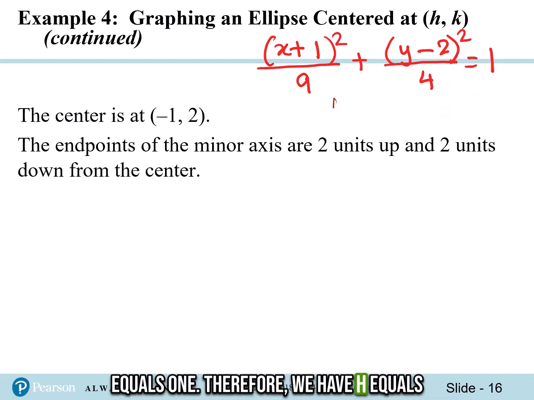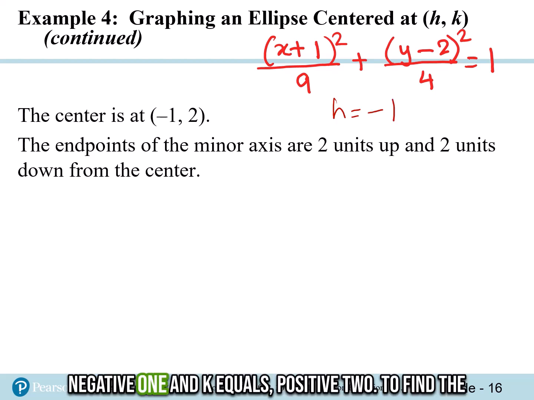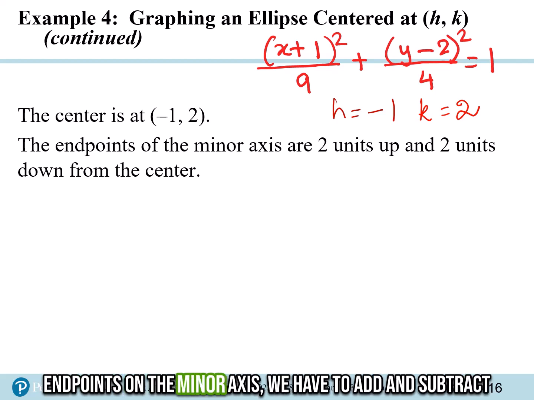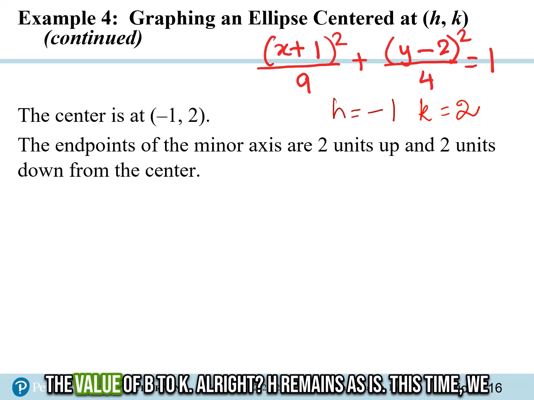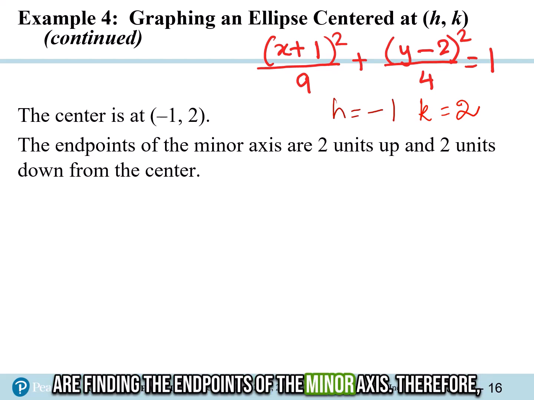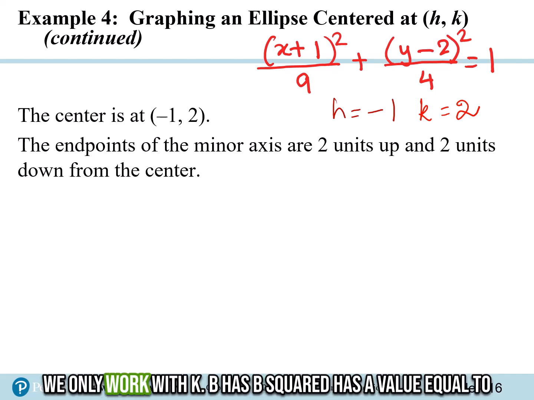Therefore, we have h equals -1 and k equals +2. To find the endpoints on the minor axis, we have to add and subtract the value of b to k. All right, h remains as is. This time we are finding the endpoints of the minor axis, therefore we only work with k.